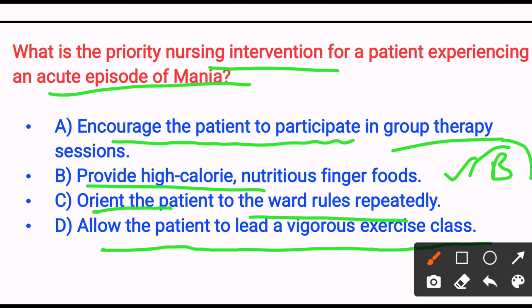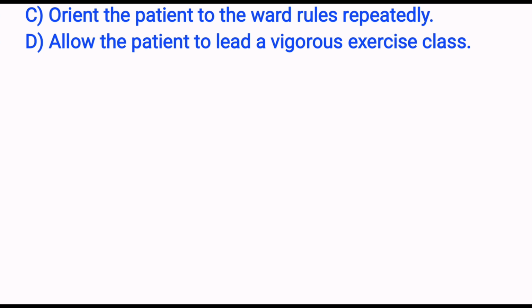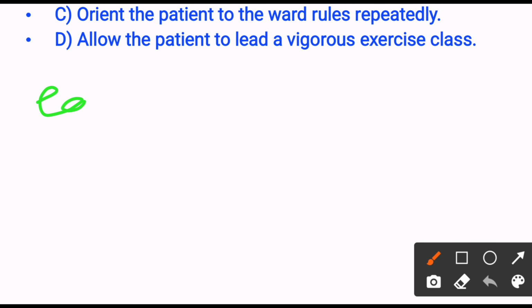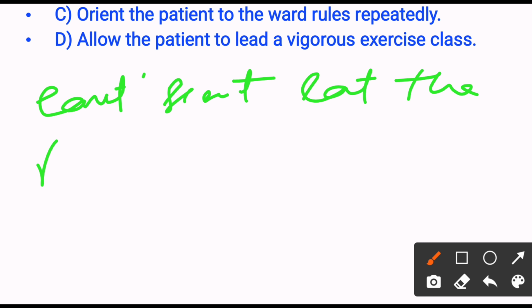Provide the high calorie, nutritious finger food, because when the patient is going through the mania, the patient can't sit and eat the full diet.